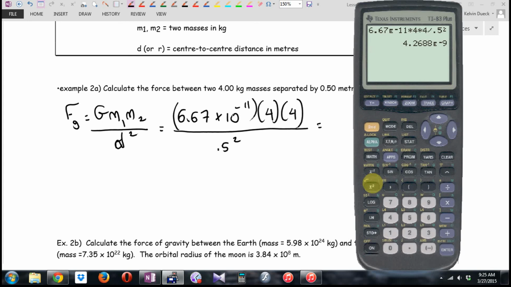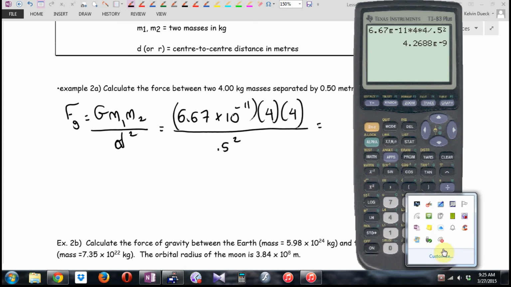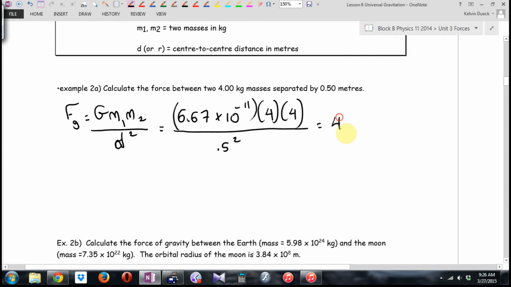Now you'll have to translate how your calculator says that. If you did not, now is the chance to ask and I will help you figure it out. Okay? So 4.3 times 10 to the negative 9 newtons, or 0.0000000043 newtons. Gravity is a very weak force. Do you know how I know gravity is a really, really weak force?